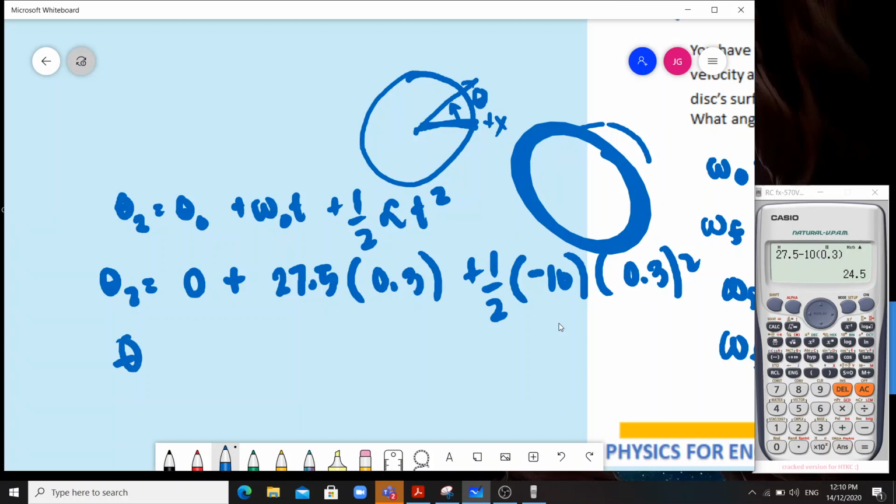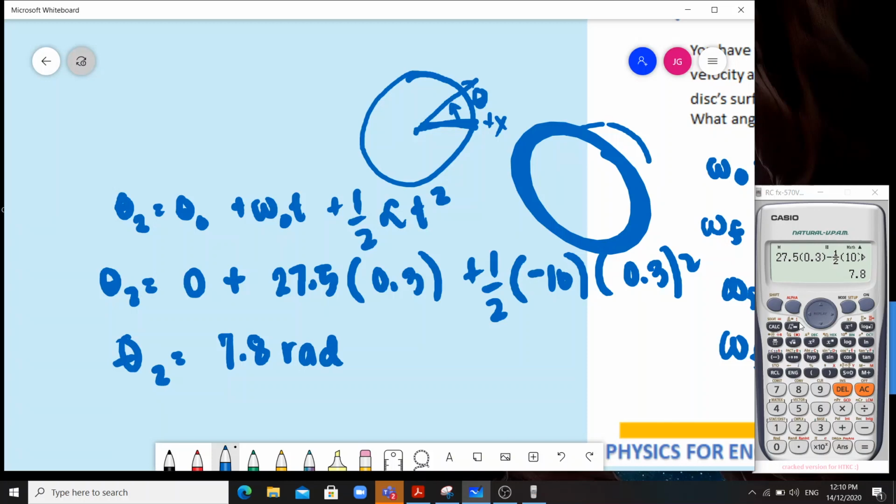So, our theta 2 is 27.5 times 0.3 minus 1 half of 10 times 0.3 squared. That is equivalent to 7.8 radians.